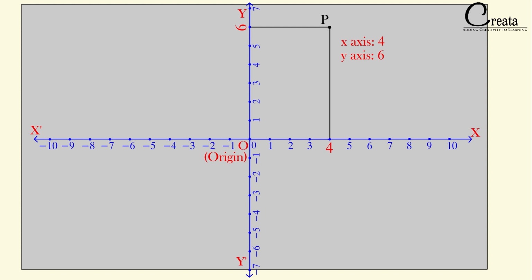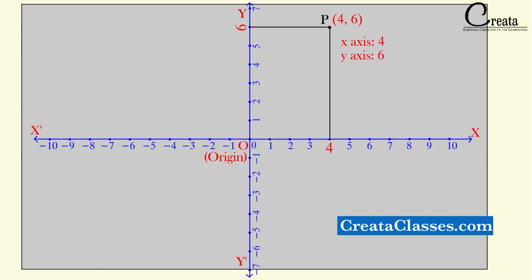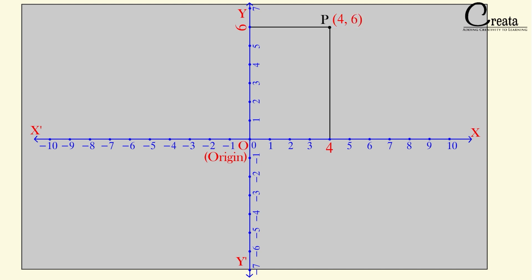So we will write the coordinate of point P as (4, 6). Here 4 is the point on the x-axis and 6 is the point on the y-axis. Here (4, 6) is known as the coordinate of the point P. This is the location of point P with respect to the origin O, and this is also known as the address of this point P. This is the general form of writing the coordinate of any point.